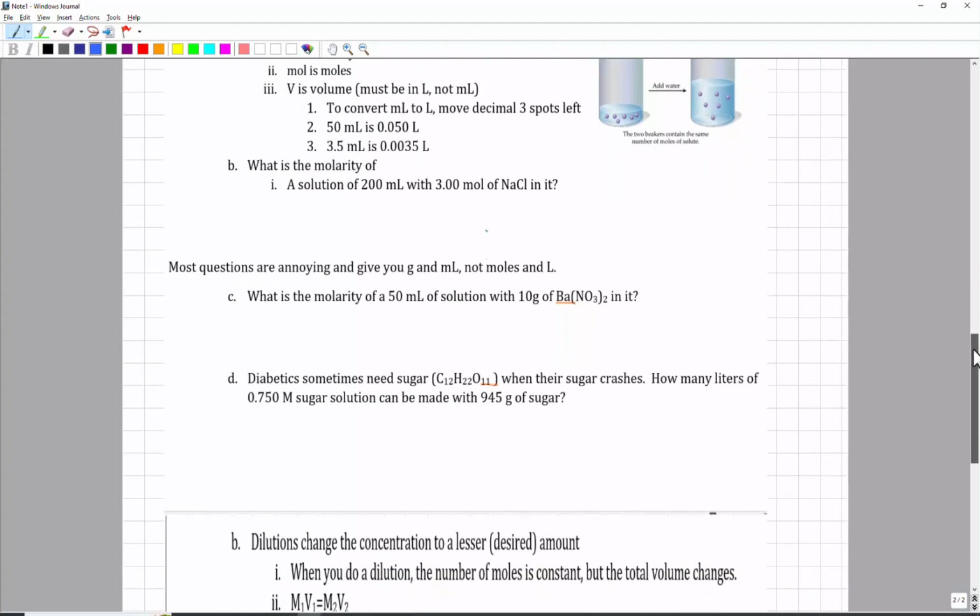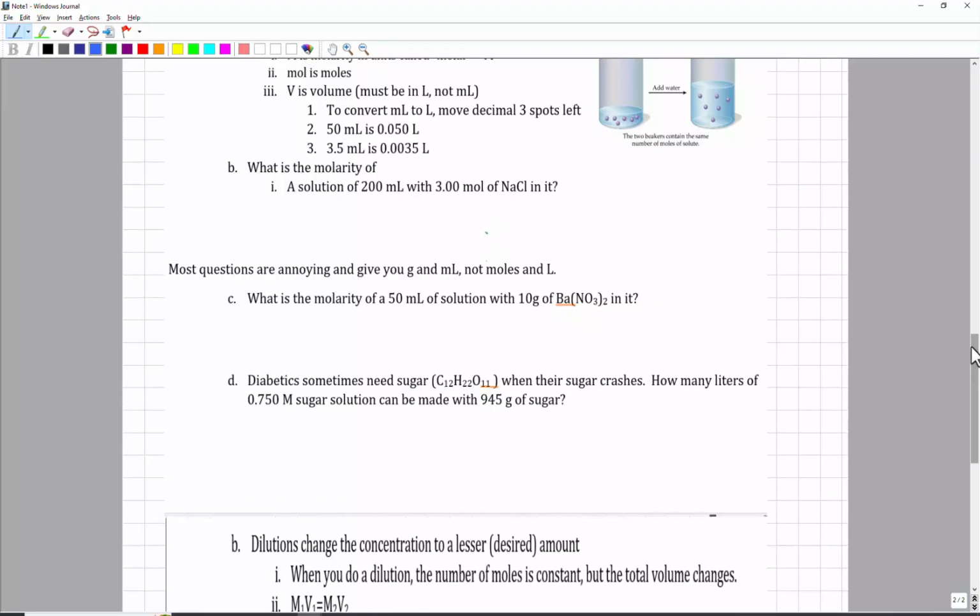What is the molarity of a solution with 200 milliliters? Oh no, 0.2 liters. Remember, we don't put up with that milliliter stuff. And 3 moles of NaCl in it. Moles equals MV. We want to find molarity. My moles are 3.